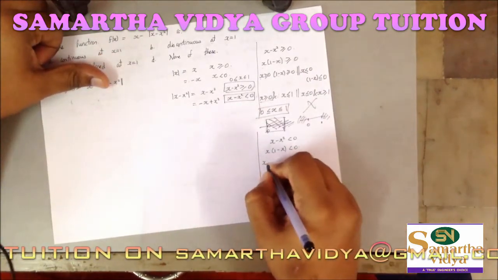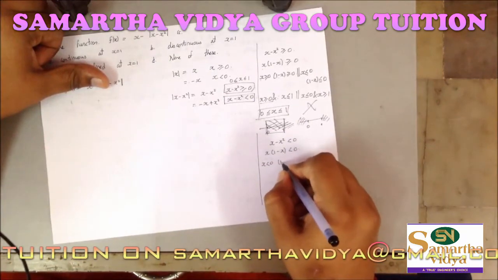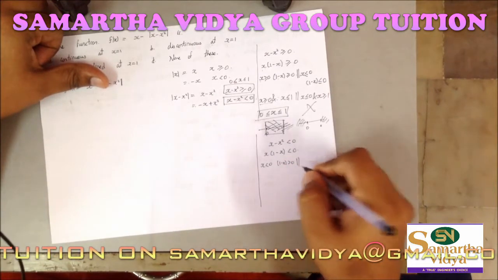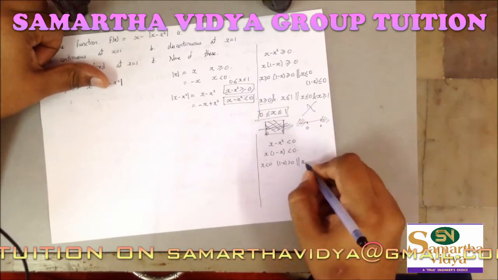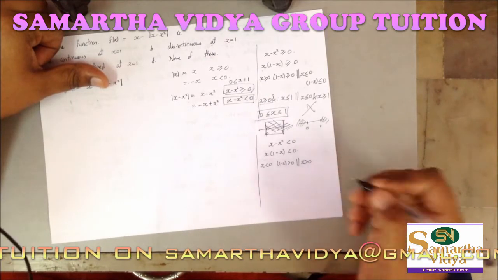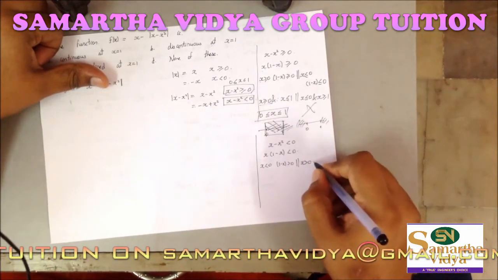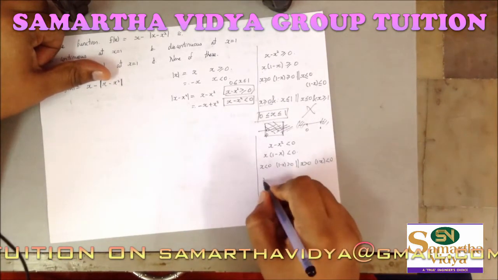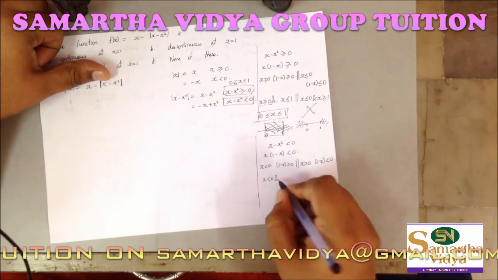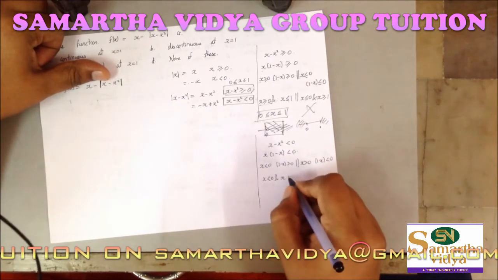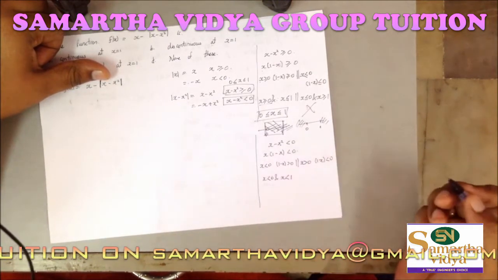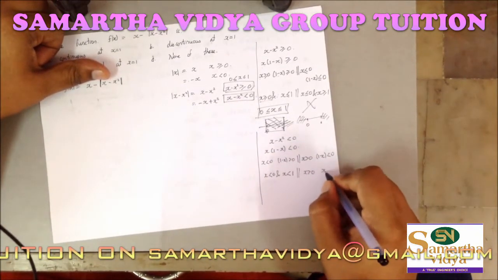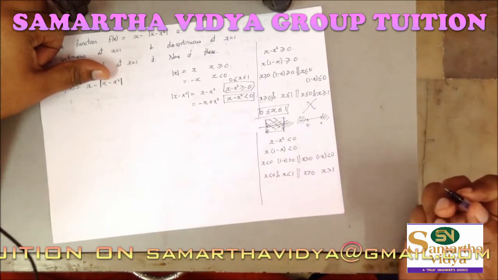So it can be either x is less than 0 and 1 minus x is greater than 0, that means this is negative, this is positive, or it can be the other way, that is x is greater than 0 and 1 minus x is less than 0. So from here we are getting x is less than 0 and x is less than 1, or x is greater than 0 and from here we are getting x is greater than 1.